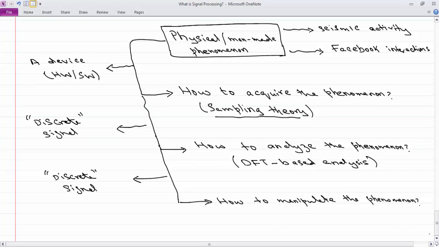Again, there are many ways that you can do that manipulation depending upon how advanced you go into signal processing. In this class, we will do what is called digital filtering for manipulation, which mainly works in terms of manipulating the frequencies of the signal.